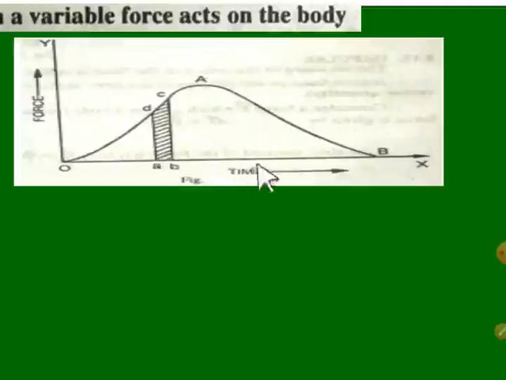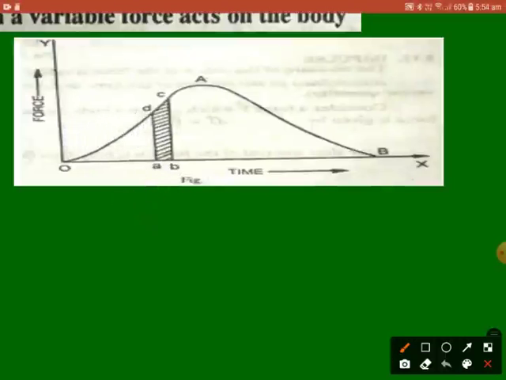We need to divide this time into small durations, so that in that small interval of time we may assume, to a fair approximation, that the force remained constant. Now if you take your time duration very small, that means this length AB will be very small, and A and B are very close to each other.